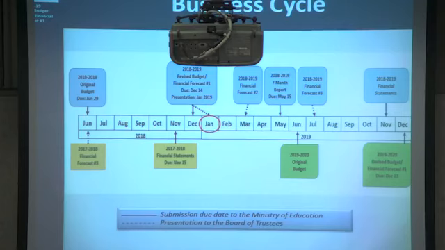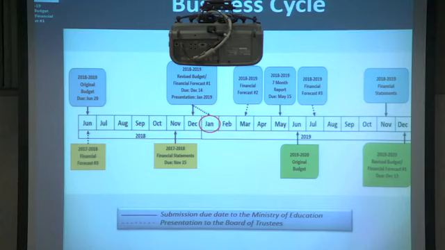Now, during the year, you will see 3 financial forecast updates in January, March, and June. These are represented by 3 blue boxes on top of the chart. This is the first financial forecast number 1, and it's the basis for tonight's presentation.